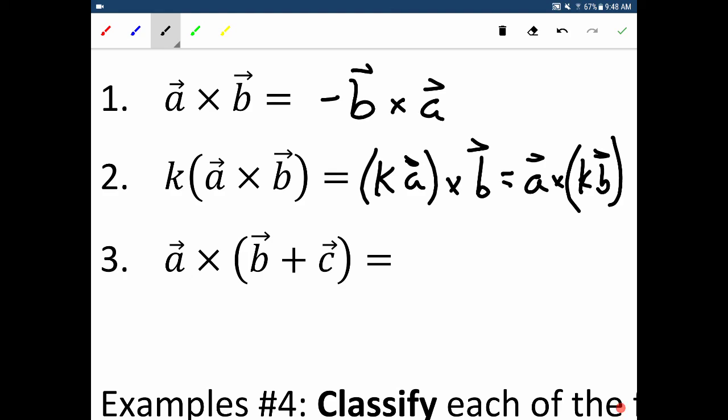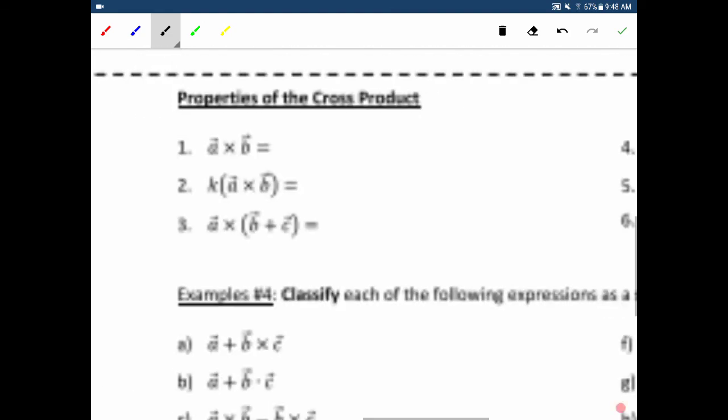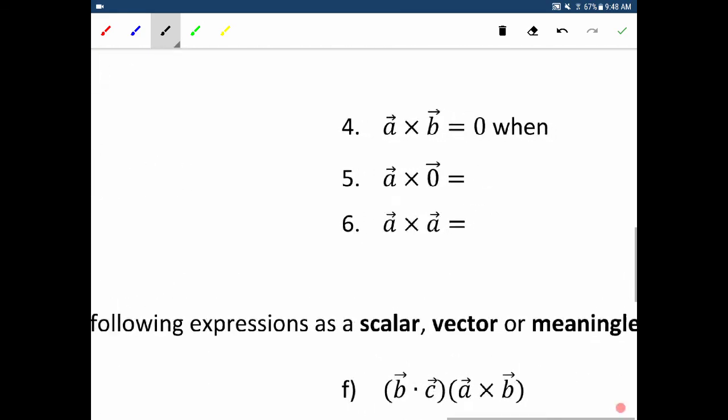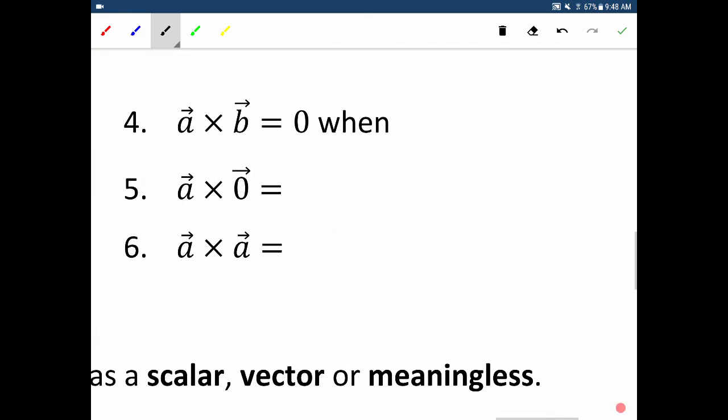If we have A cross B plus C, this is one that is what you would expect, but remember that the order is important when you do this. So it's A cross B plus A cross C. So make sure you have the A in the front because it was in the front when you were doing the cross product in the first place, okay? Because that is different.